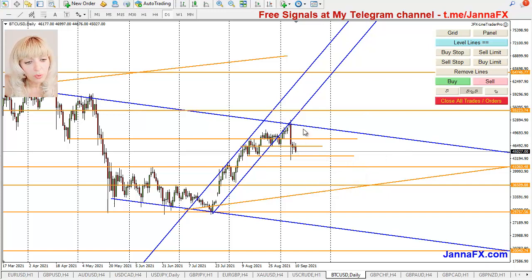If it tries to make its return, and it has this support and then goes higher and stays above, then it could possibly try to break through. But it's a little bit too much to talk about at this moment.